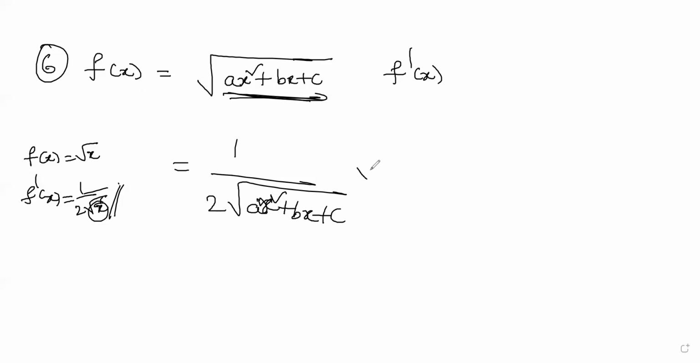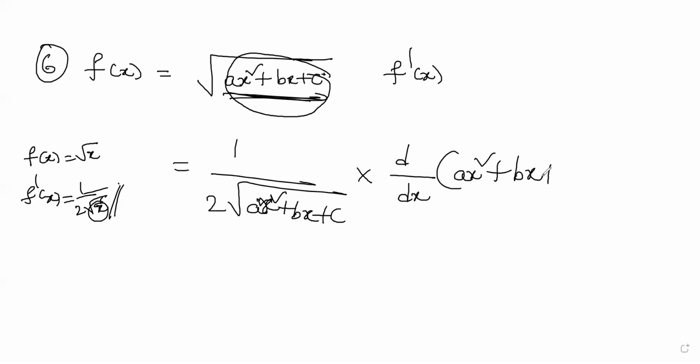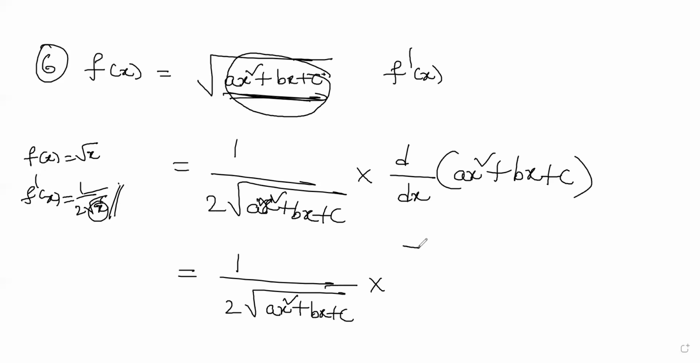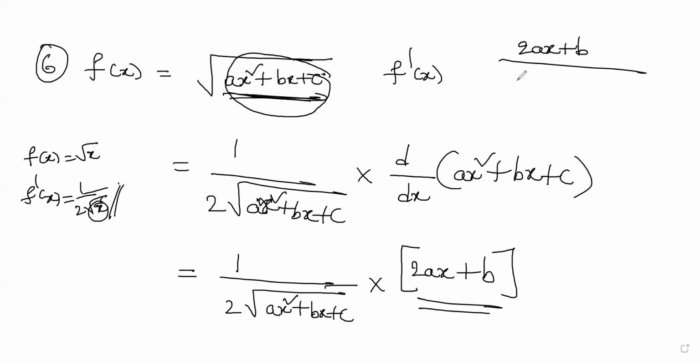Blindly you can do this, and then multiply with the derivative of this inside thing, that is derivative of ax square plus bx plus c. So you get 1 by 2 root ax square plus bx plus c into this derivative, which becomes 2ax plus b. So this is a famous derivative: 2ax plus b divided by 2 into square root of ax square plus bx plus c.